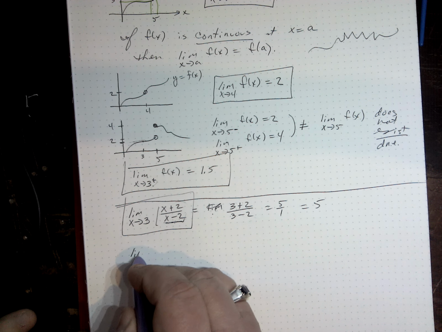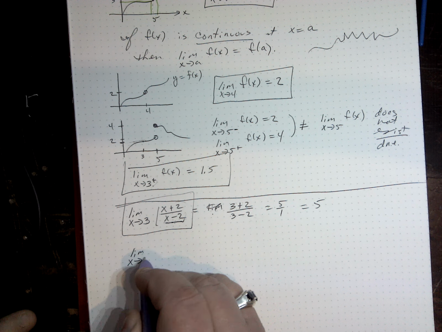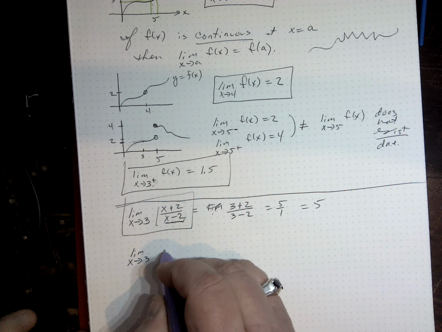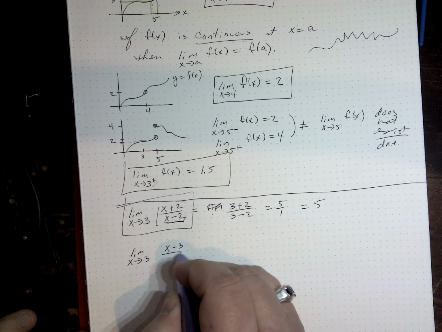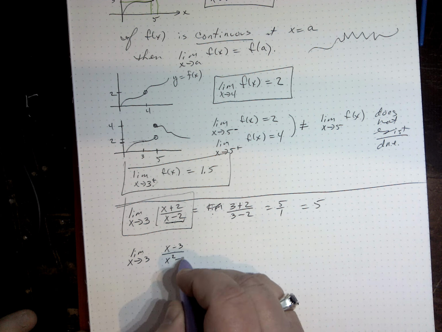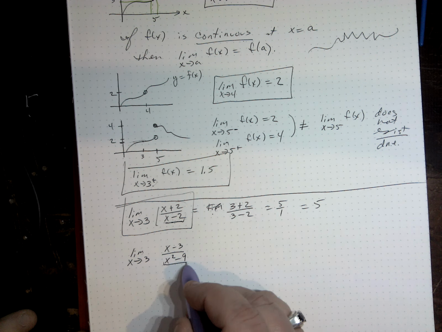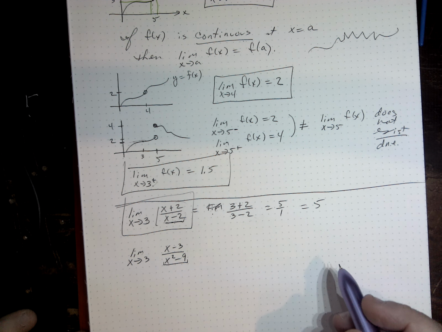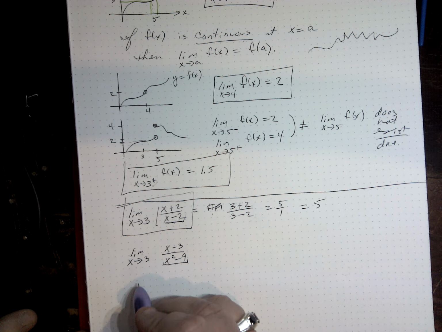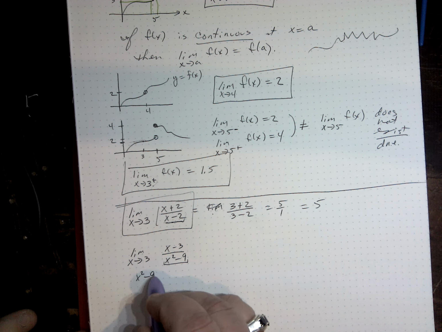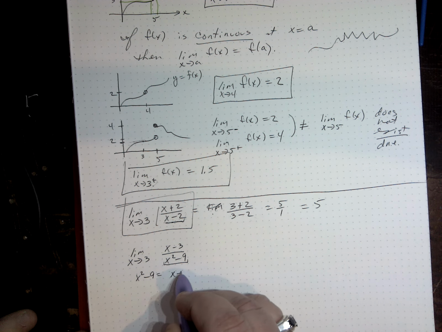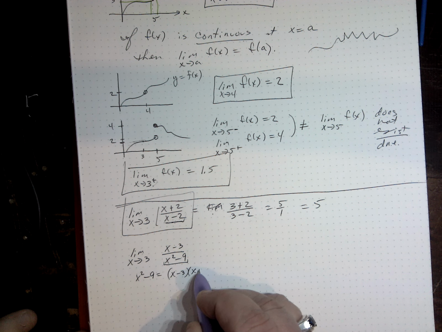Let's say I have the limit as x approaches 3 again, but this time I have (x minus 3) over (x squared minus 9). Now we know that this function is going to be screwy when the bottom is 0. So that means that if I factor x squared minus 9, I'll get (x minus 3)(x plus 3).